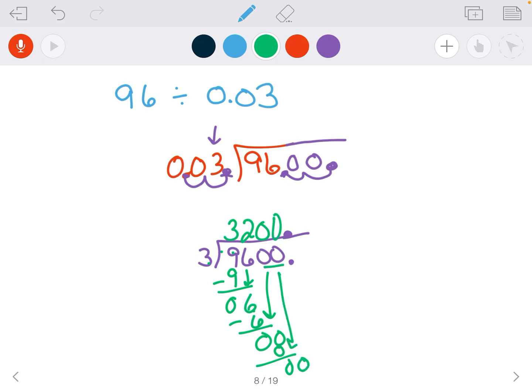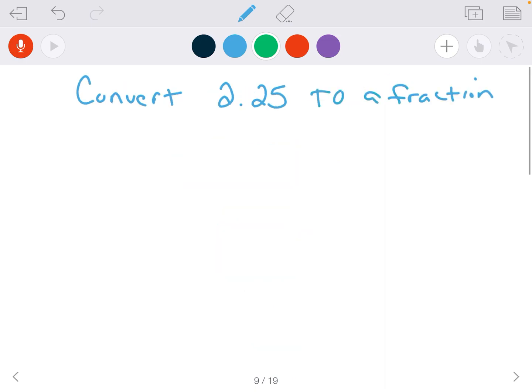Because of these placeholders, your answer changes. Because I had to do 2 placeholders to the right up here, I'm adding 2 zeros to my answer. So 96 divided by 3 hundredths is actually 3,200.